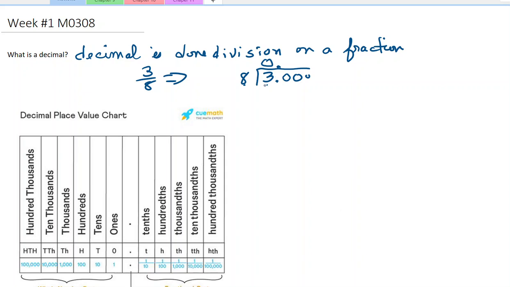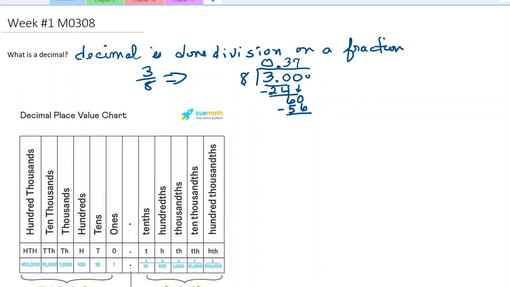So 8 divides 30 3 times. That's 24. And then I subtract and I get a 6, and that's less than 8. So then I bring down the next number, 0. 8 divides 60 7 times, which makes it 56.